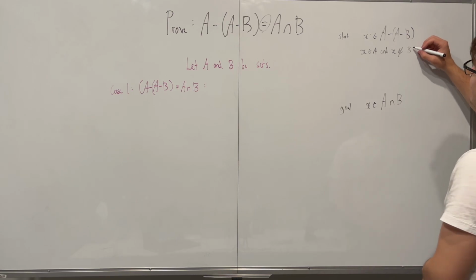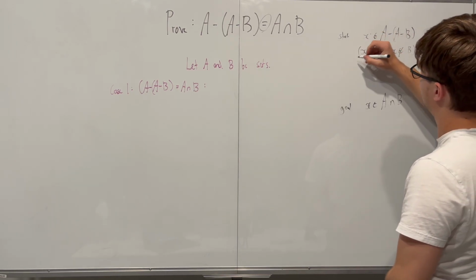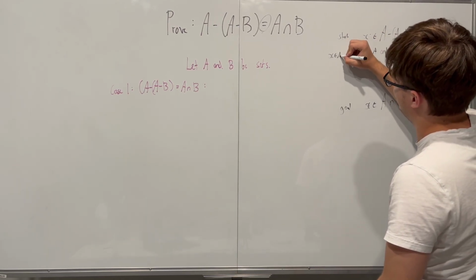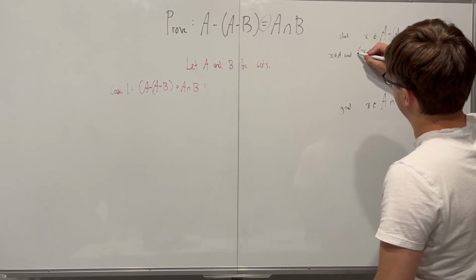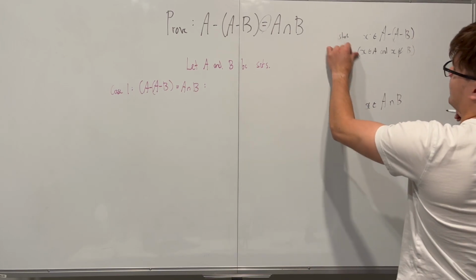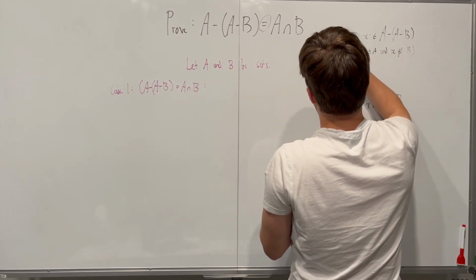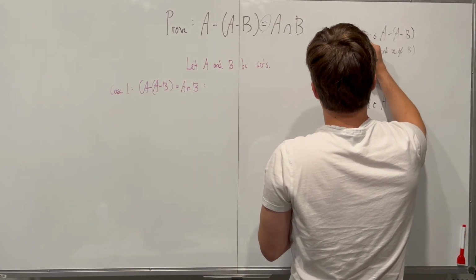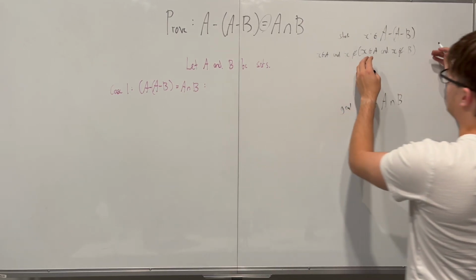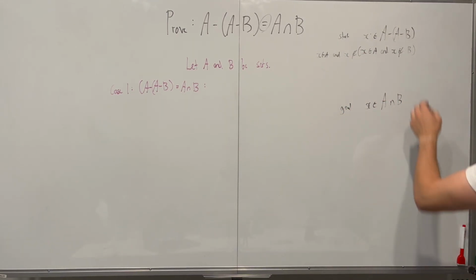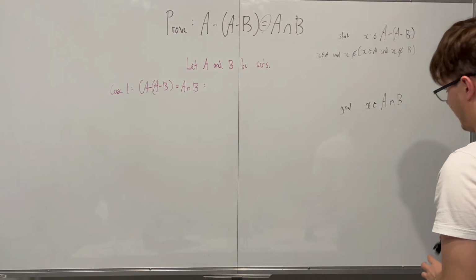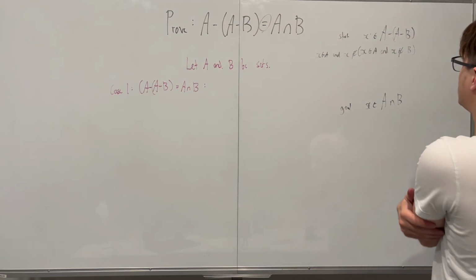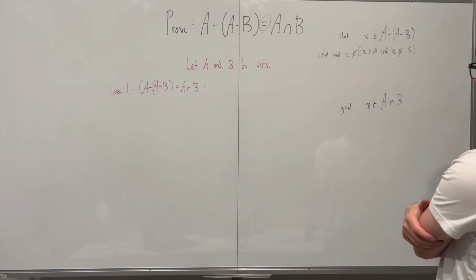And then we want to say that in those brackets, X is an element of A, and X is an element of A, and X is not going to be an element of whatever is in this bracket, right? X is not going to be in here, it's going to be in here.